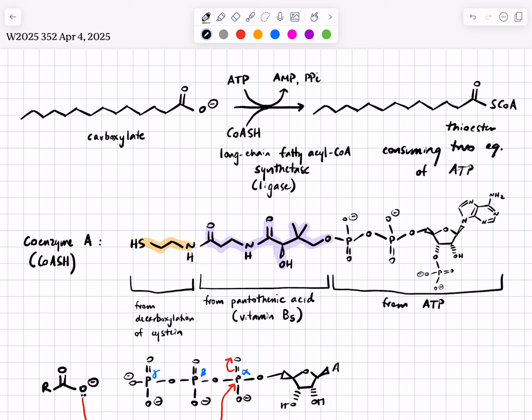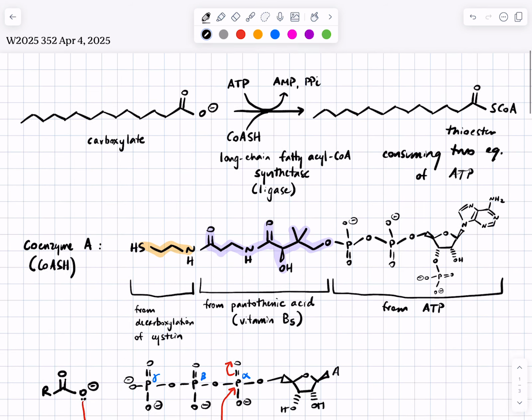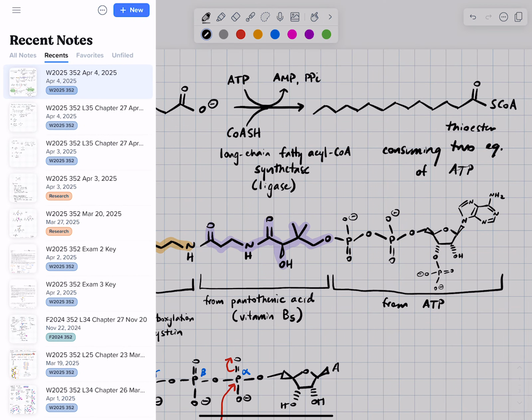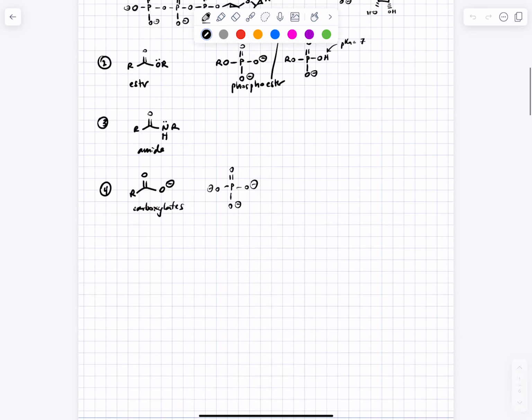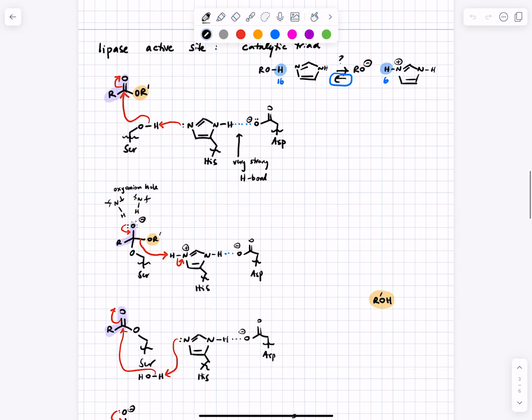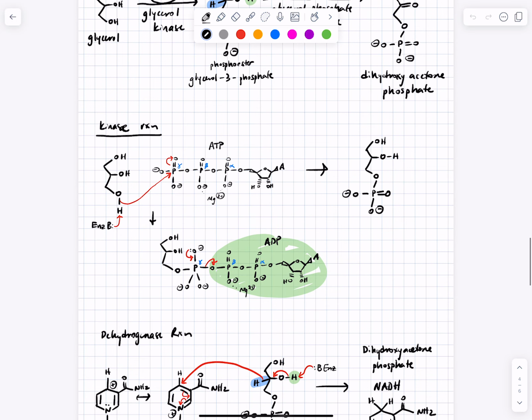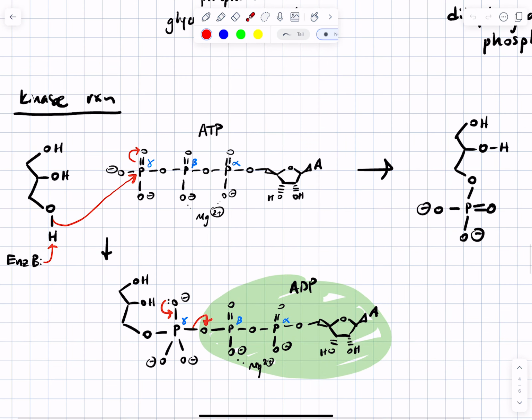Yes? So in this scenario, it was attacking on the alpha. That's right. The previous example, talking about it attacking on the gamma. Right, when we do kinase type reactions, such as when we were modifying glycerol, the glycerol alcohol attacked on the gamma phosphate. So kinases activate the gamma phosphate for attack.